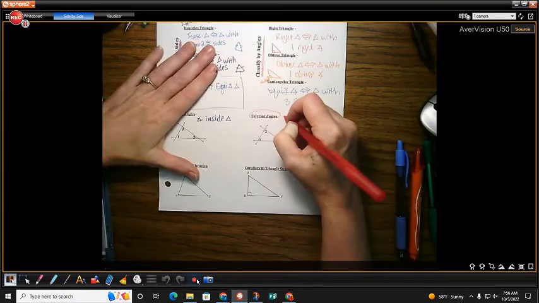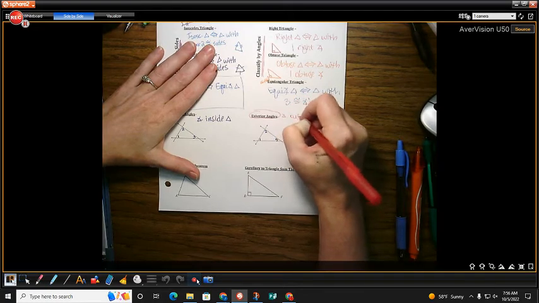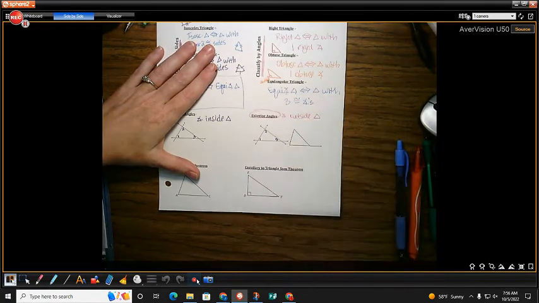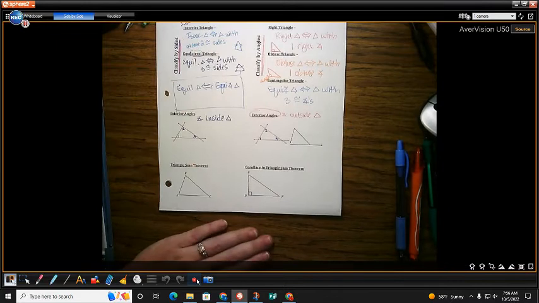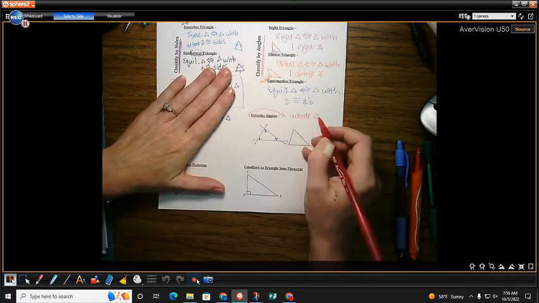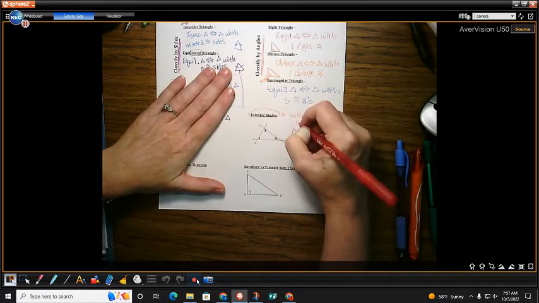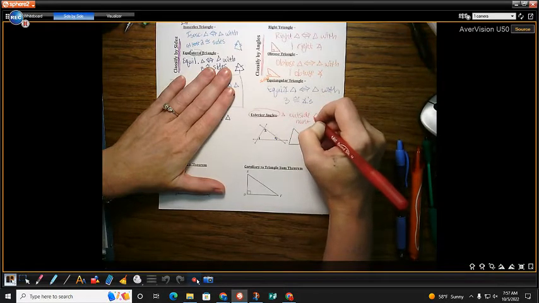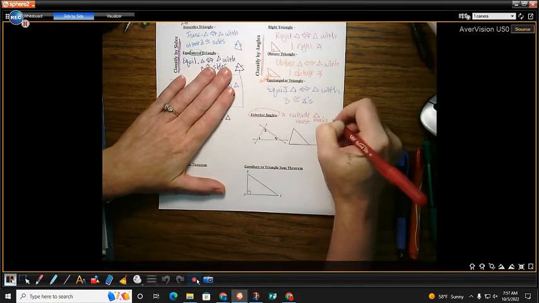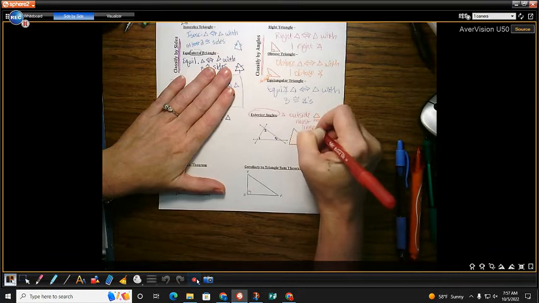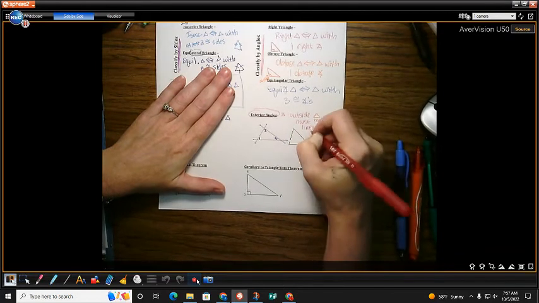So exterior angles are angles outside the triangle, but not every angle outside the triangle gets counted as exterior. And this is where people get mixed up. Okay? The angle outside the triangle must make a linear pair with an interior angle.